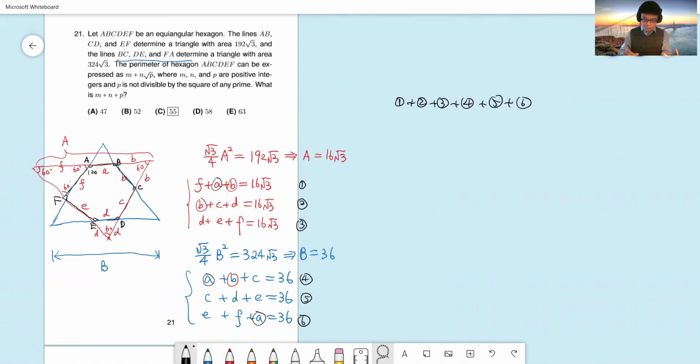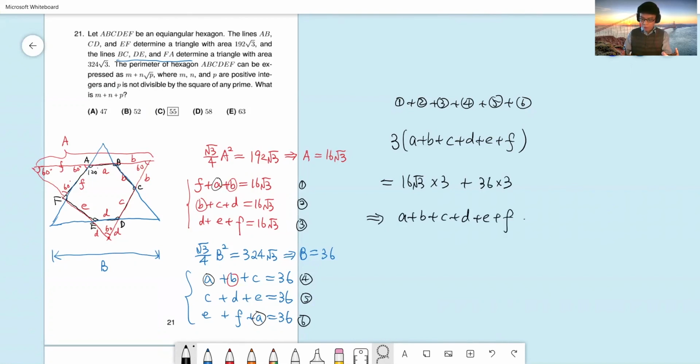So totally, we have 3 times A plus B plus C plus D plus E plus F. On the right, this equals 16√3 times 3 plus 36 times 3. And then we can just divide by 3 on both sides. A plus B plus C plus D plus E plus F equals 16√3 plus 36.